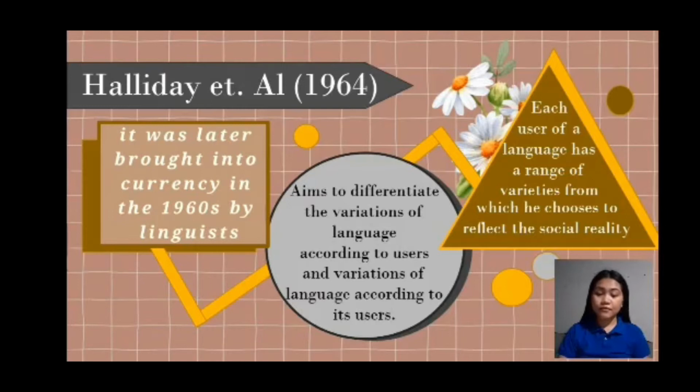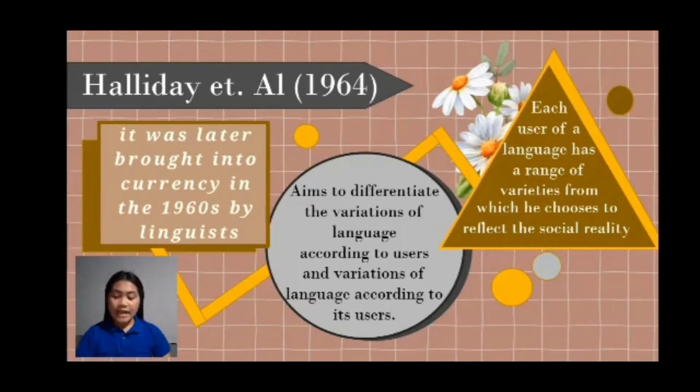He aims to differentiate the variations of language according to users and the variations of language according to use. In line with this, Halliday wants to learn how variations can be flexible enough to be used in a specific scenario. It is essential for us to know what language registers to use to meet the level of formality.